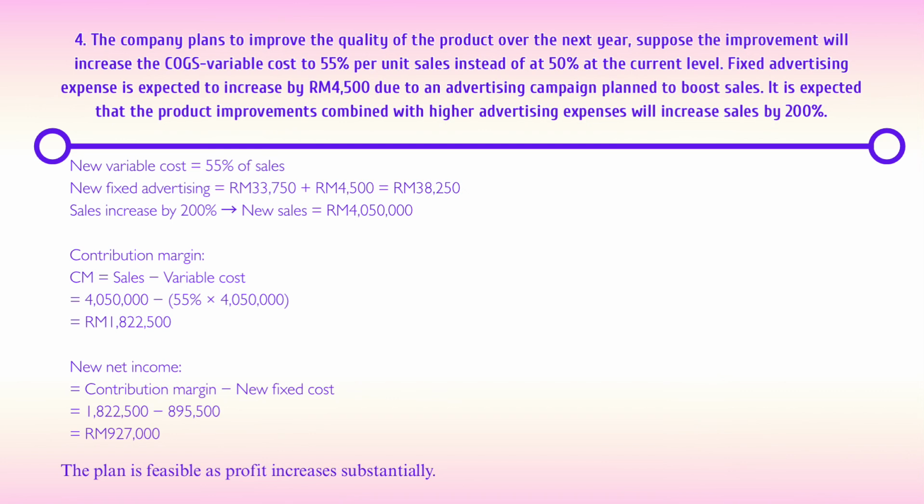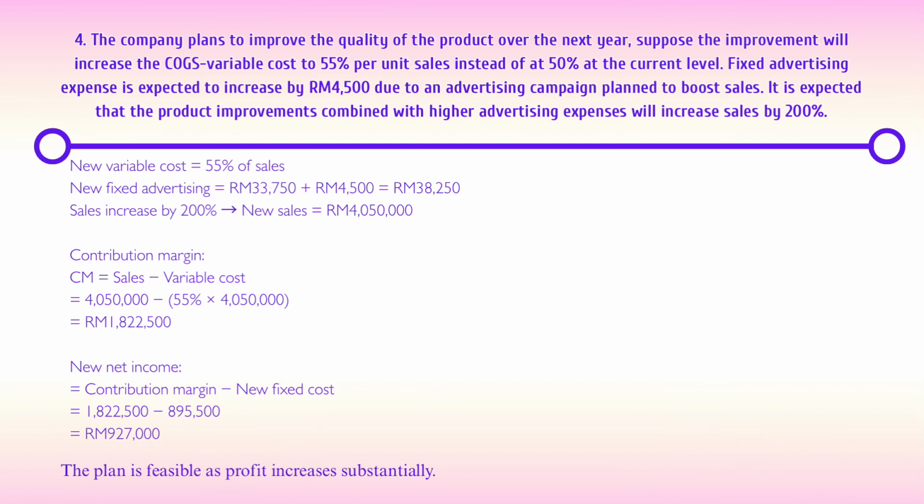Even with the higher variable cost, our new contribution margin is a strong 1,822,500. Our fixed advertising costs also move up to a total of 38,250 to support the brand growth. To find our final profit, we take the contribution margin and subtract our updated fixed cost of 895,500.